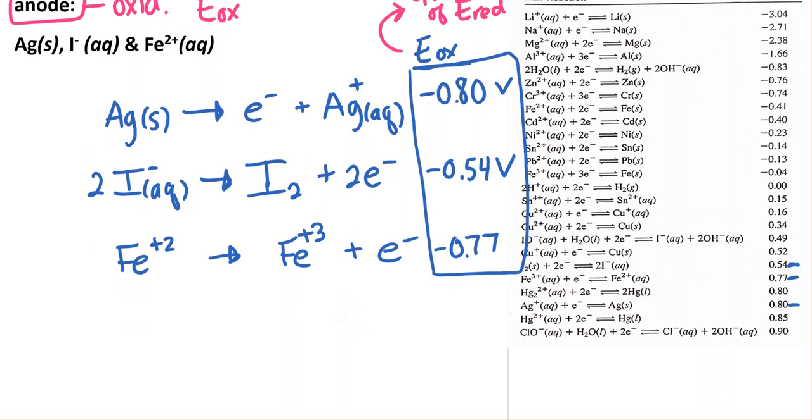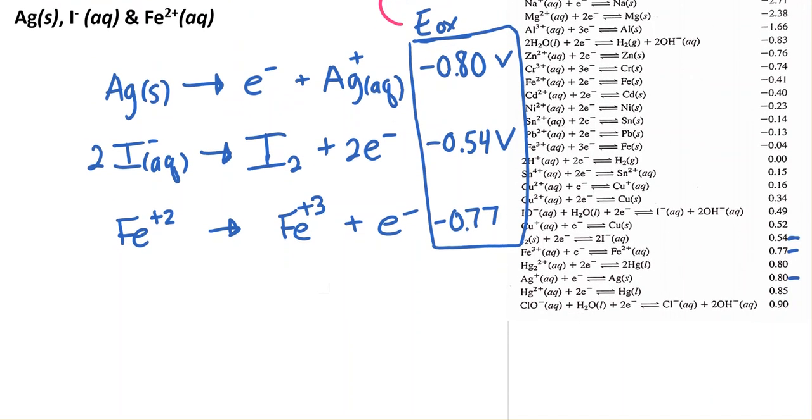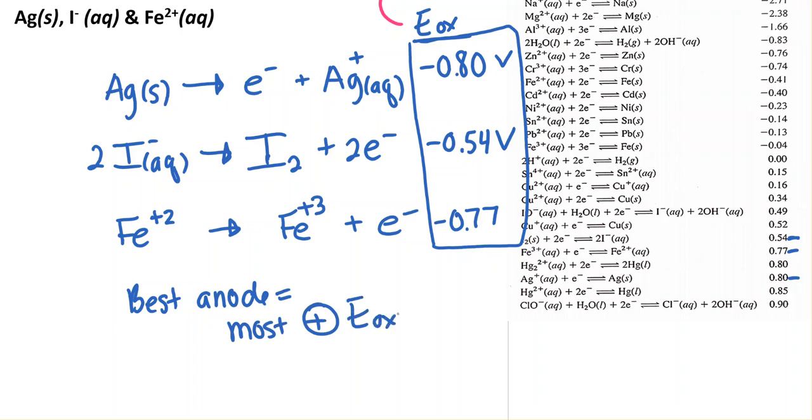And now to answer the question about which one is the best anode. Because best anode equals most positive oxidation potential.